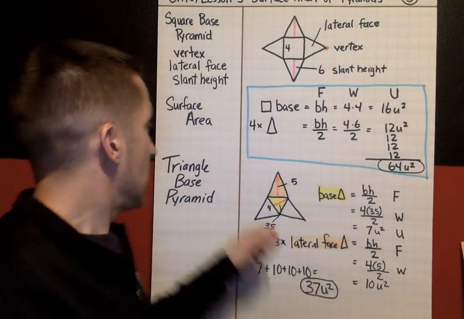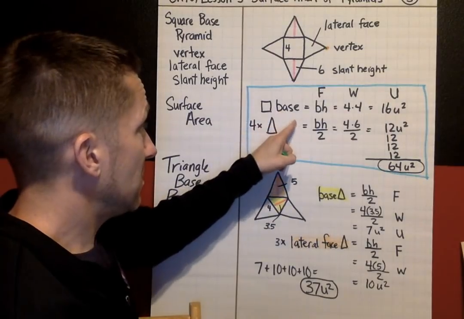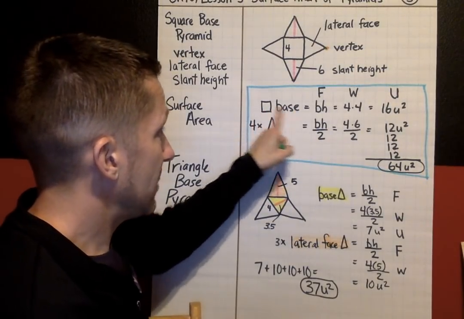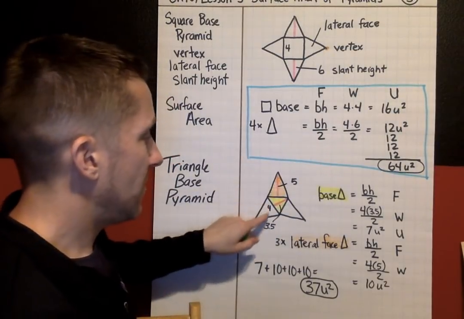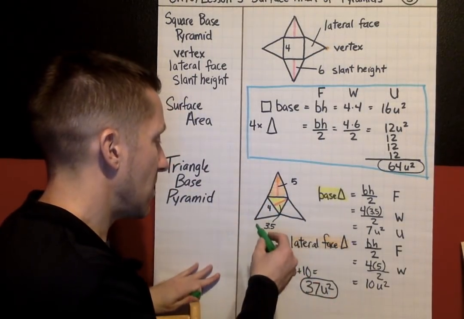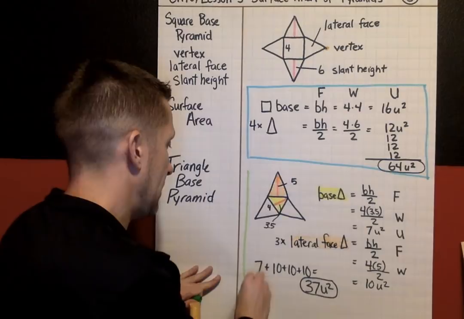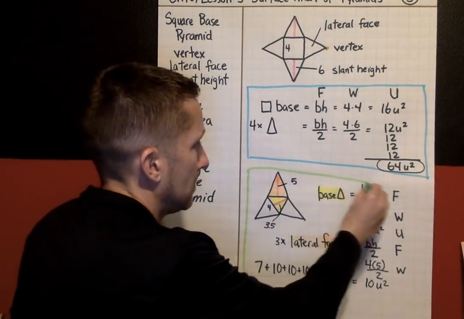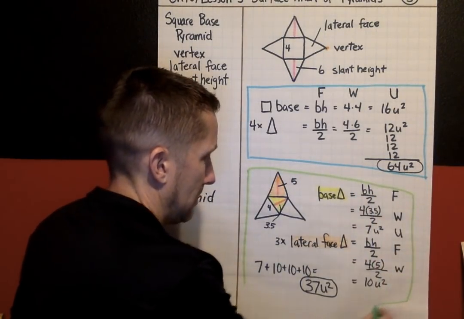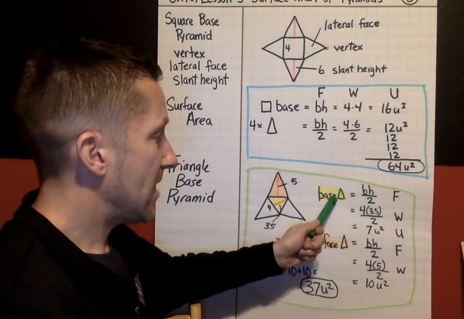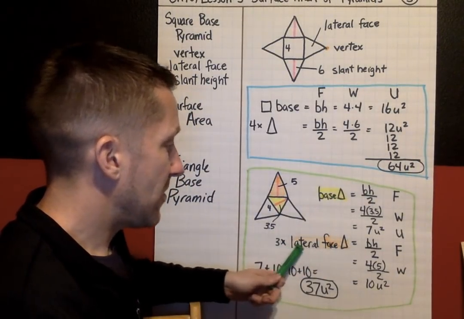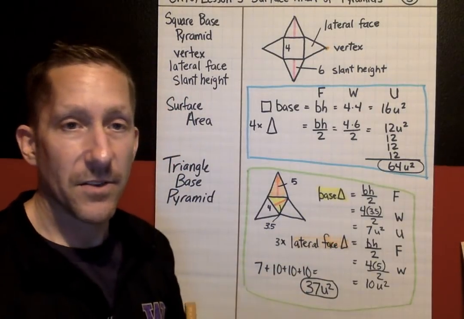So, square base pyramid, this is your strategy. Got to get the area of the square, and then 4 triangles. If it's a triangle base pyramid, your work looks like this. You've got a triangle base, and then you've got 3 lateral face triangles.